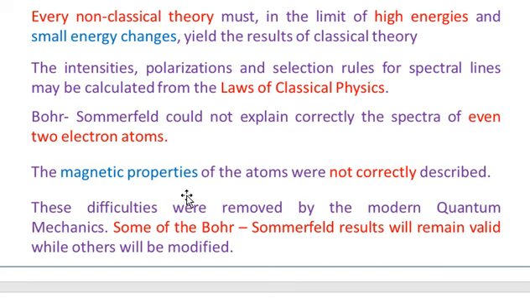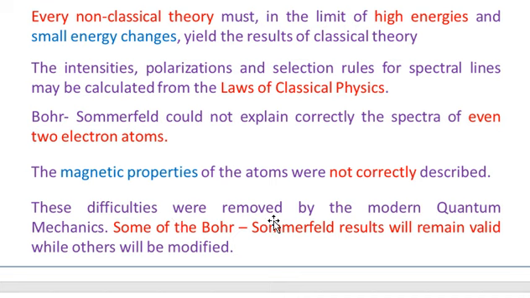Another point is that the magnetic properties of atoms were not correctly described by the theories. We have not discussed magnetic properties yet, maybe later on we shall, but here we are just saying that the magnetic properties of atoms were not correctly described by the Bohr and Sommerfeld models.